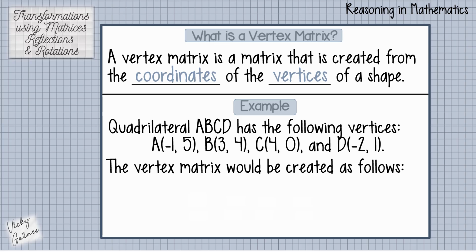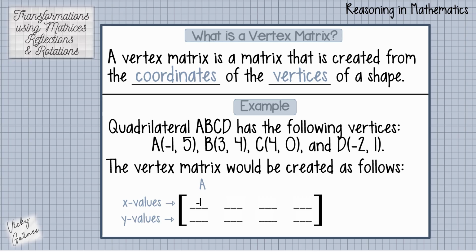Vertex matrix can be created as follows. X values are going to go in row 1 and Y values in row 2. So point A was -1, 5. B was at 3, 4. C was at 4, 0.